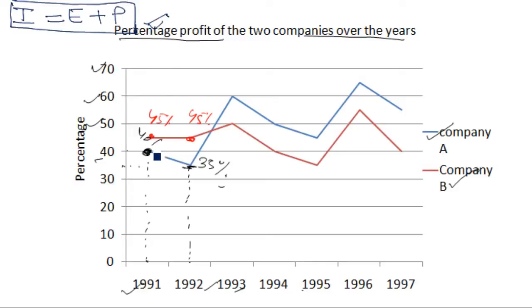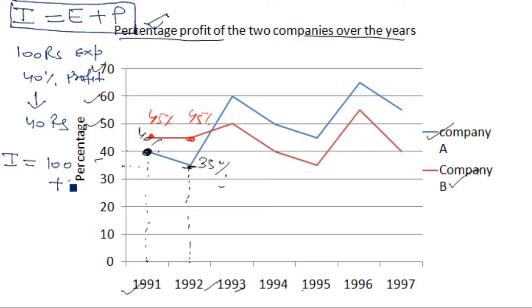Suppose we have 100 rupees expenditure and 40% profit. So the exact value of profit will be 40 rupees. So income will be expenditure 100 plus this profit, that is 140, right? So let's move to questions.